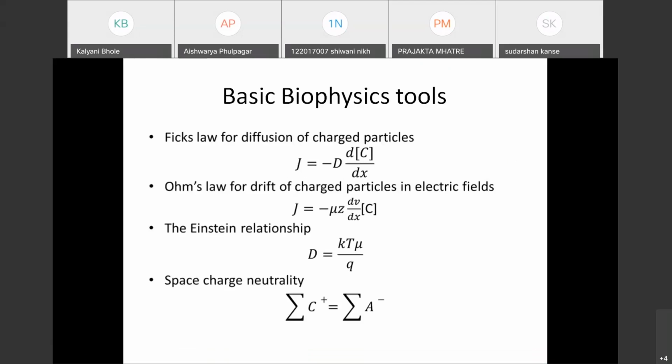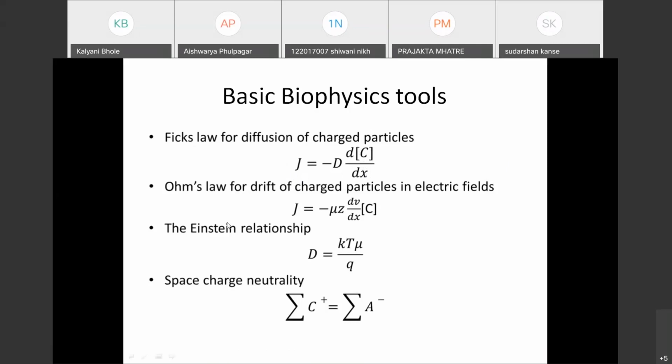First tool is Fick's law for diffusion of charged particles. The equation for Fick's law is J equals minus D dC by dx, where C is the concentration of the ion. We'll derive each law one by one.